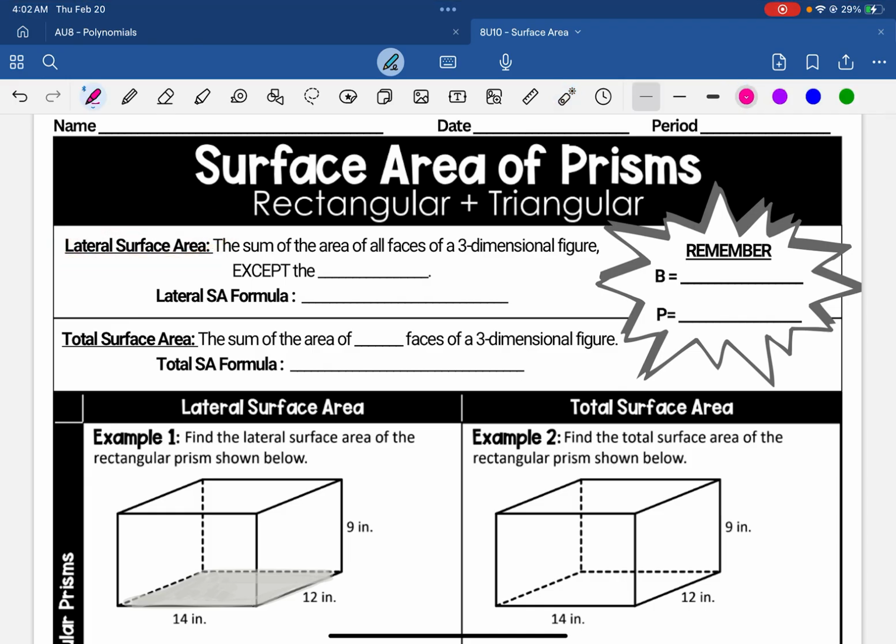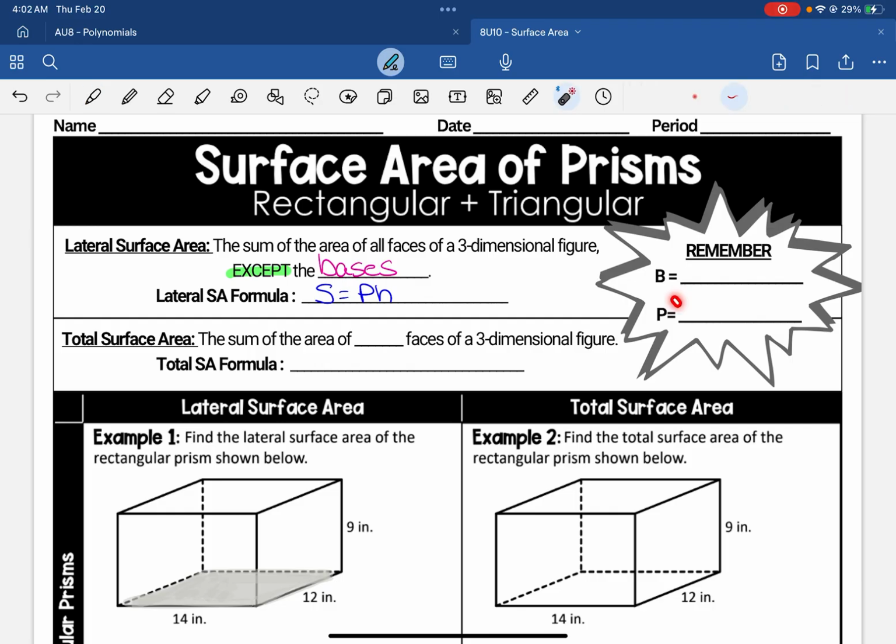Lateral surface area is the sum of all faces except the bases, meaning it does not include the top and the bottom. On your formula chart, you can see that the lateral surface area formula is S equals capital P H. That capital P means that we have to do some sort of calculation.